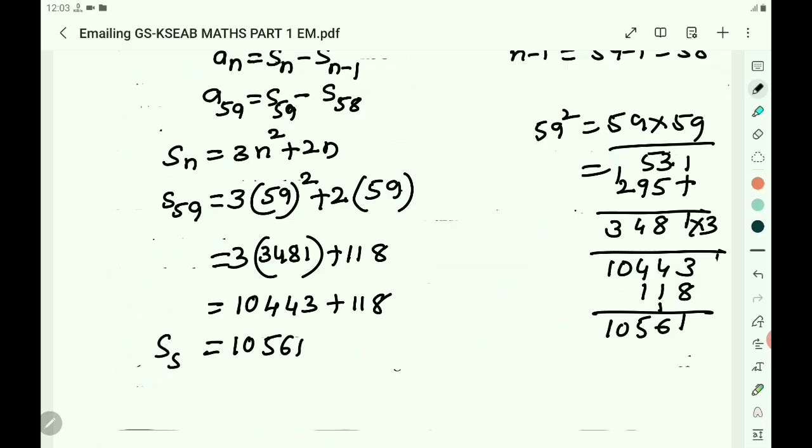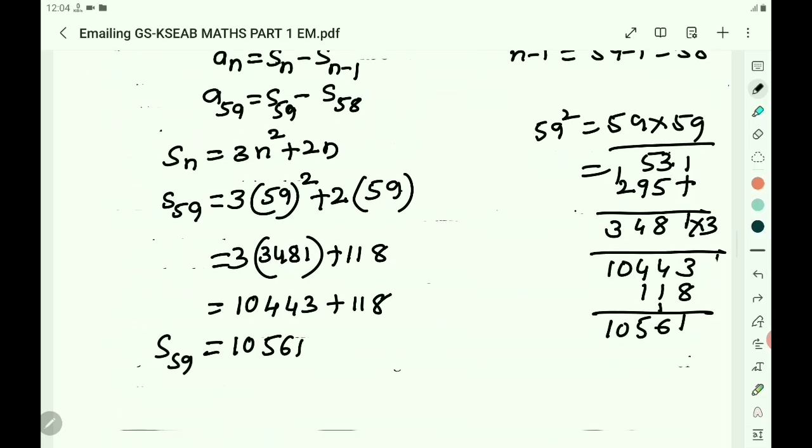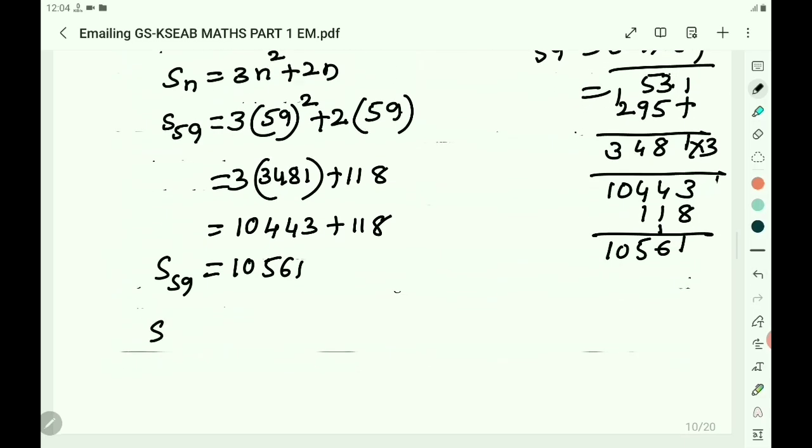You got S59 is equal to 10,561, and you find S58. To find S58, again we have to use Sn equals 3n square plus 2n.